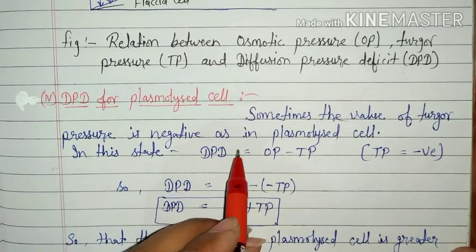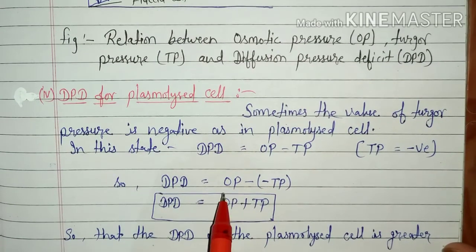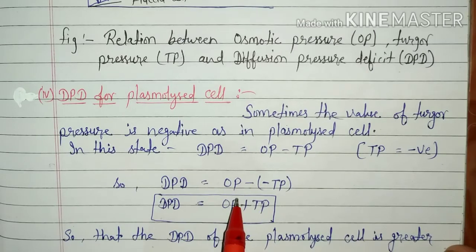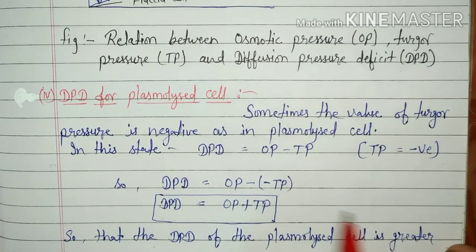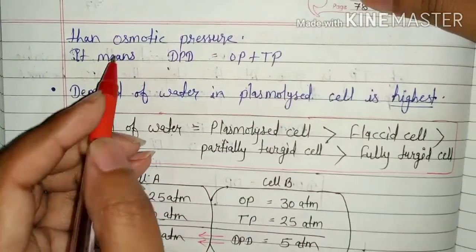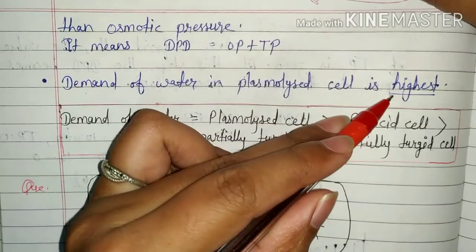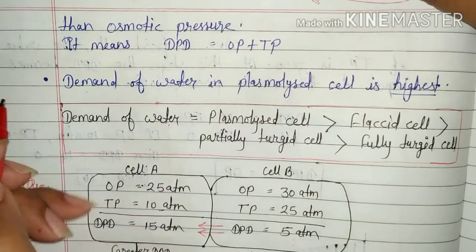So in this state, turgor pressure is negative, so DPD is equal to OP minus TP. It means DPD is equal to OP plus TP. So the DPD of the plasmolyzed cell is greater than osmotic pressure. Demand of water in a plasmolyzed cell is highest.